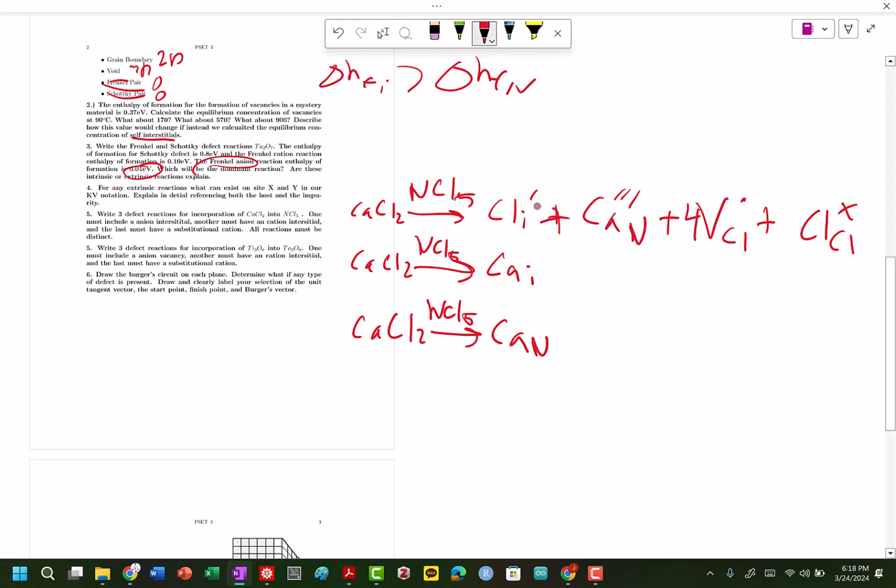Right now I'm charge balanced, so we're good. Ca, Cl, Cl, so I'm good there. N and 5 Cl, got it. So interstitial this, 2 plus, now I need Ca_i, that's going to be a 2 here, and I need a 3 here. Good, so that's a 3, so I need plus 6. Uh-oh. Actually, yeah, 6.